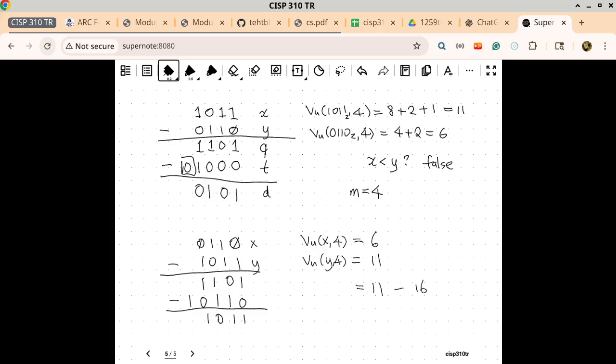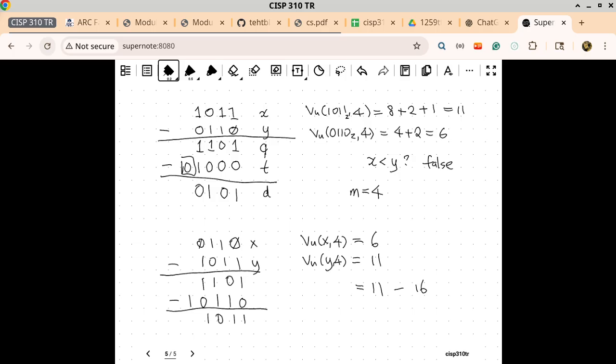So I think that is correct because 11 minus 16 is negative 5, which is 6 minus 11. So I think everything works out.